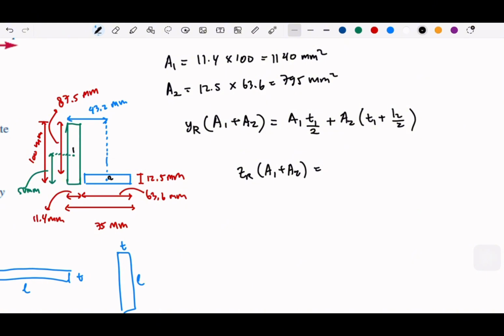Now, next for ZR will be all the vertical lines, okay, all the vertical lines. So ZR, if you look at the A1, we are going to have A1 and then L1 over 2 between this. Okay, so we can add A1, L1 over 2 plus A2.